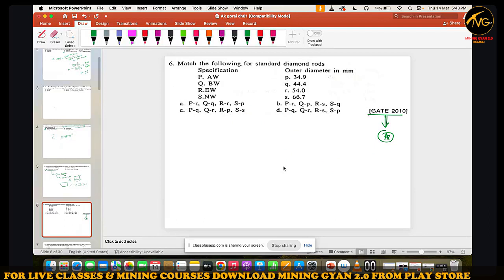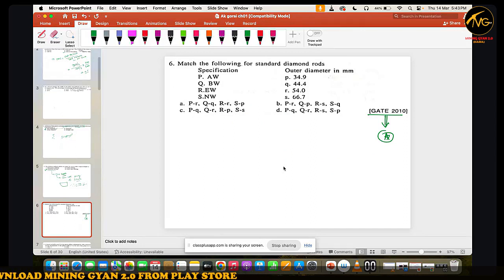Okay, some of you have given the answer C, which is wrong. I have given a trick also. What is the trick?